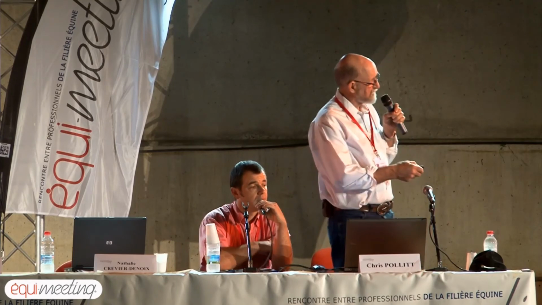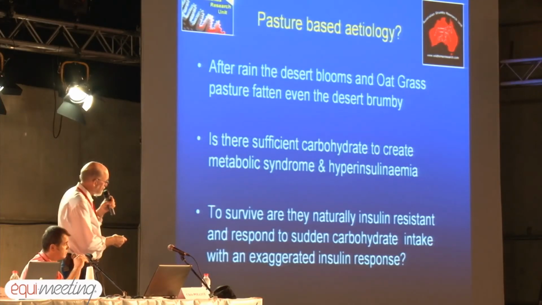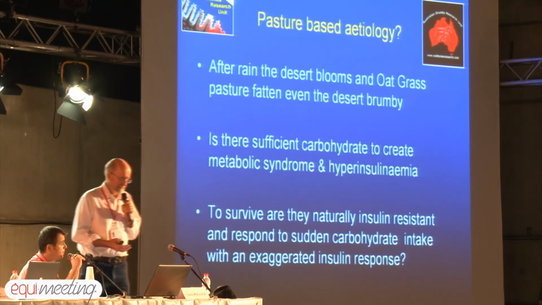But even in the desert, we have types of grass. There's one called desert oat grass, which is probably the key to the survival of these desert brumbies.